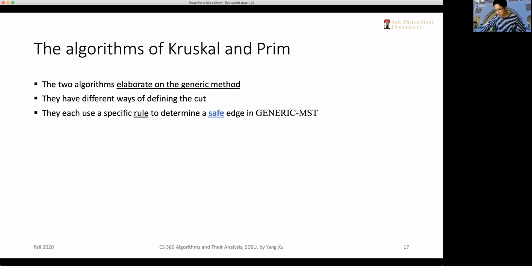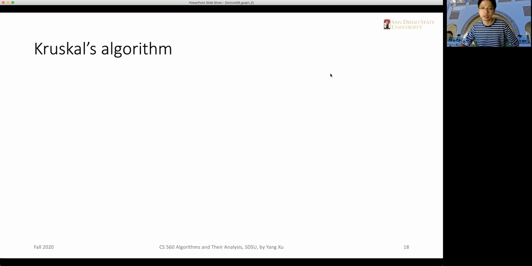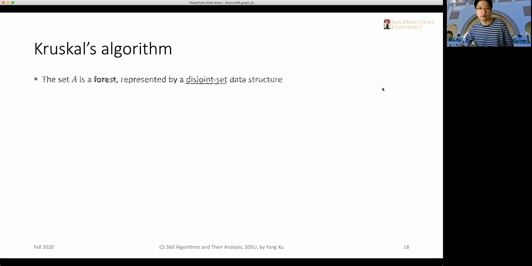Okay, so the rule for defining a safe edge actually depends on how the cut is defined, and how the cut is defined also depends on the type of data structure used. So, for example, in Kruskal's algorithm, we will use a special data structure called disjoint-set.